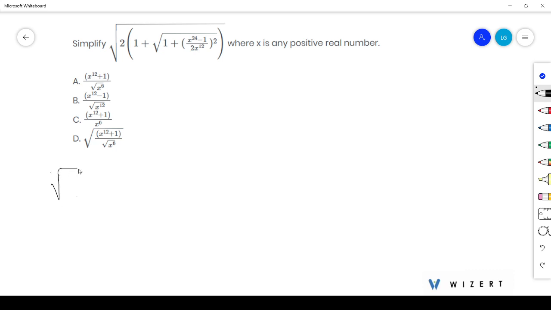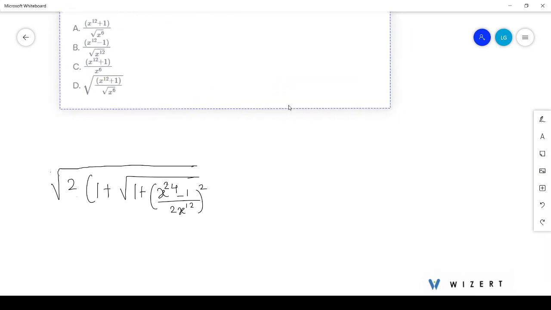We have to simplify 2 times 1 plus square root of 1 plus x to the power 24 minus 1, divided by 2 times x to the power 12, its square. Okay, now let's start this.